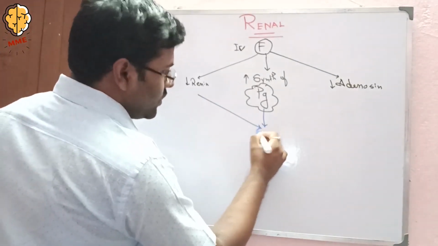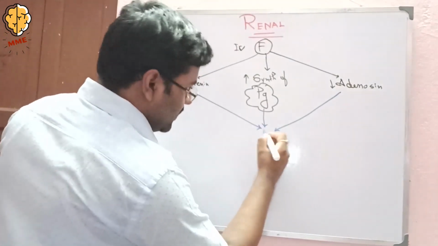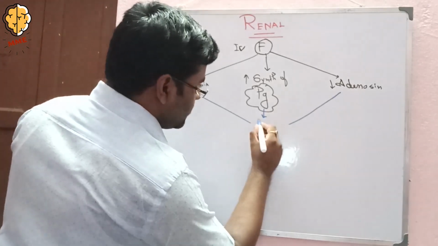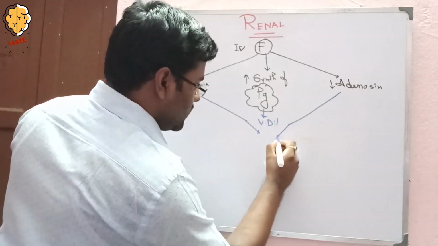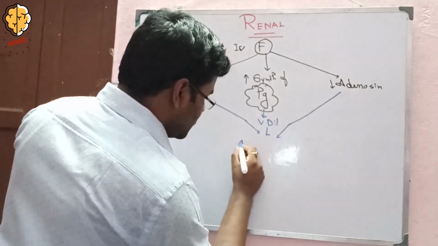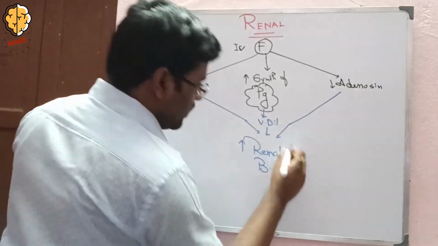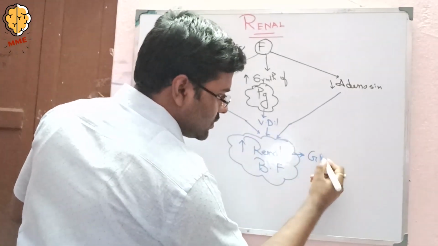And these three help in the vasodilation, and these three help in the increase of renal blood flow. If the renal blood flow is increased, the GFR will increase.